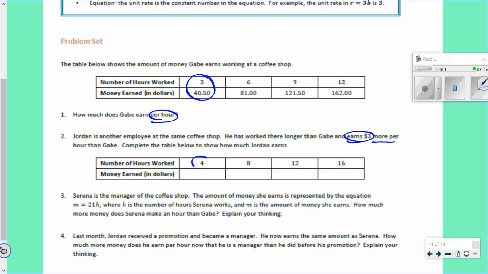So what do I do once I have taken his answer and added 3 to it? Multiply that answer by 4, because that gives me my first entry. Once you have your first entry, then you can just keep adding that. You don't have to do it by times 8 times 12, unless you want to. But that first entry has to be right, or the whole table will be off.